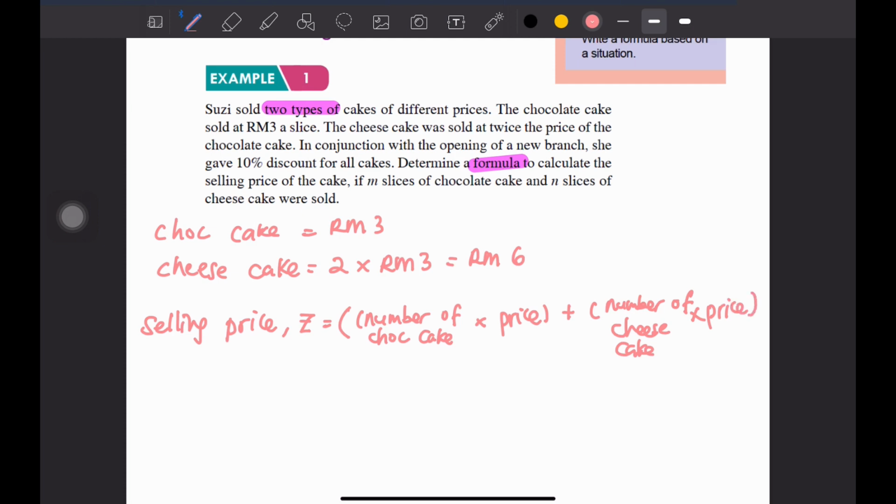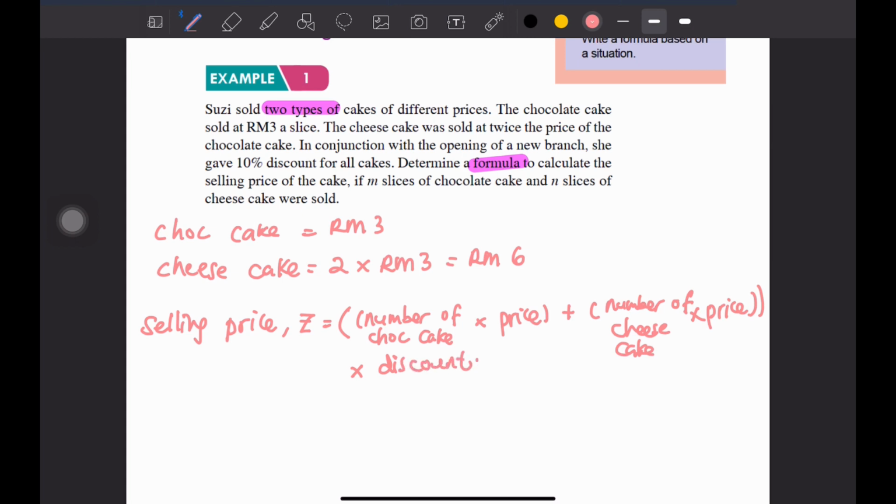Betul lah kan? Kalau kita ada bilangan cheesecake darabkan dengan harga dia, tahulah berapa bilangan keseluruhan kan? And then we know that all of this will get a discount, times the discount.